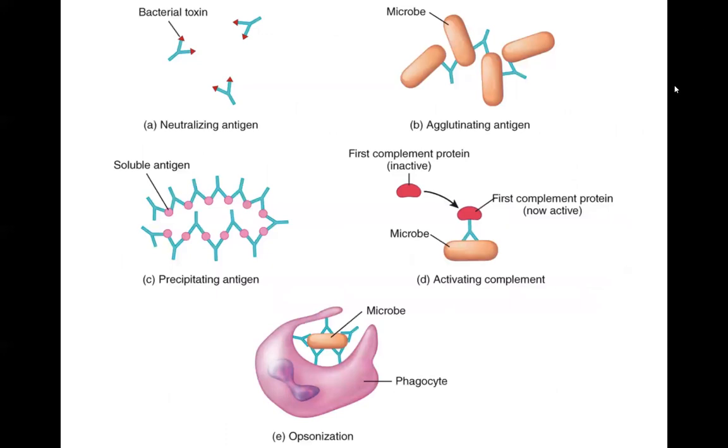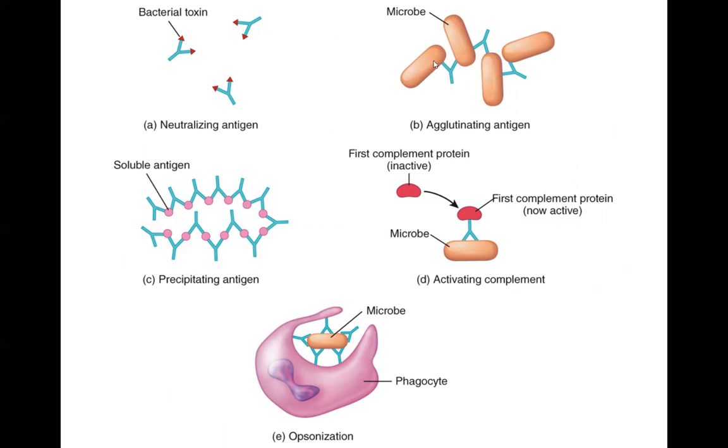And we can see that really nicely here in figure B on the next page. Each of these little brown rod-shaped structures might be a bacterial cell. And the blue, yellow shaded structure here is an antibody.